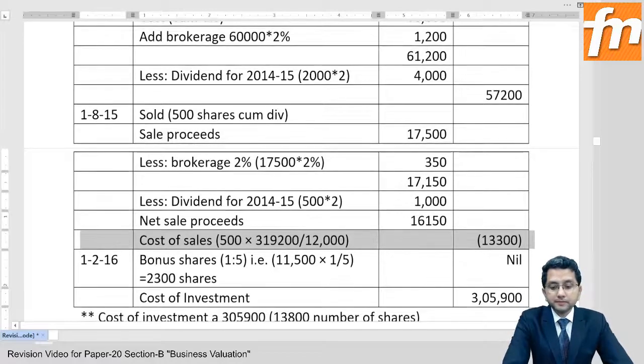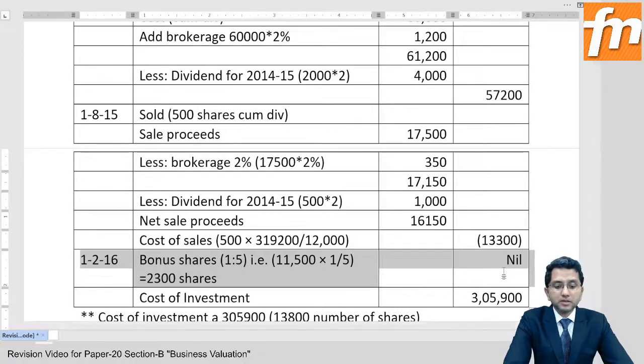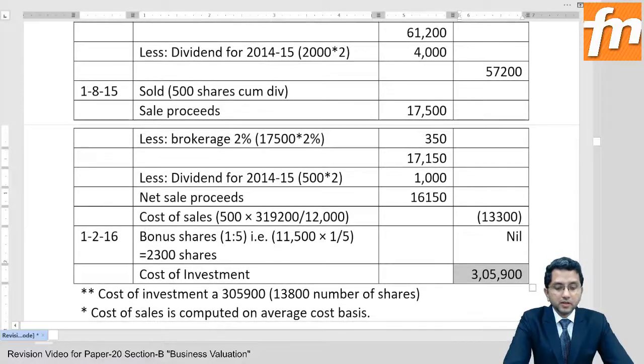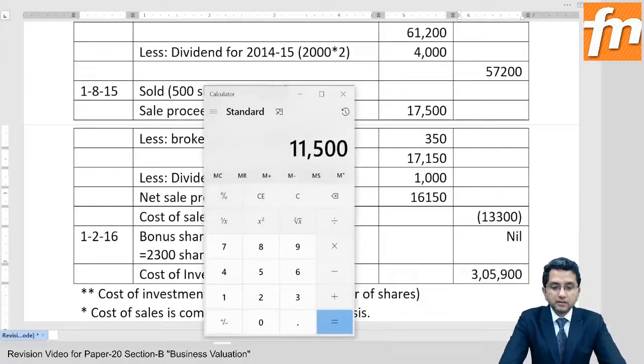Now, bonus share, I told you it's 2,300 shares. Cost of acquisition is nil. For right shares, cost won't be nil, but for bonus, it is nil. Total cost of investment is 3,05,900. And now your number of shares are 11,500 plus 2,300, that is 13,800.